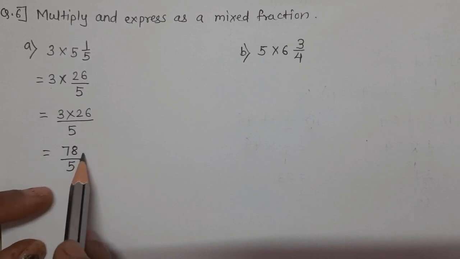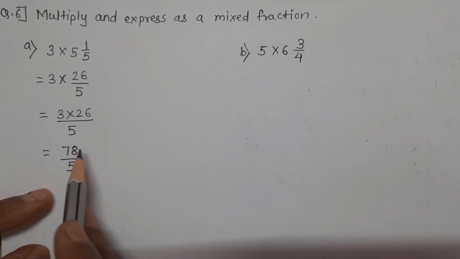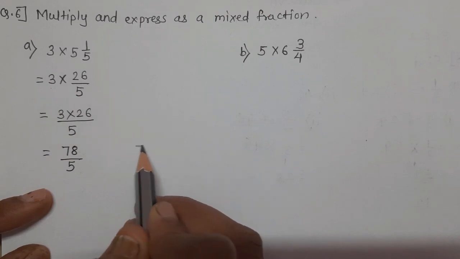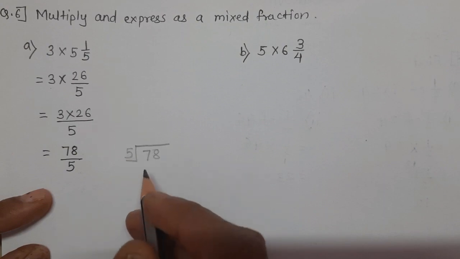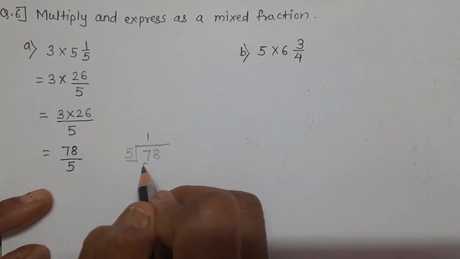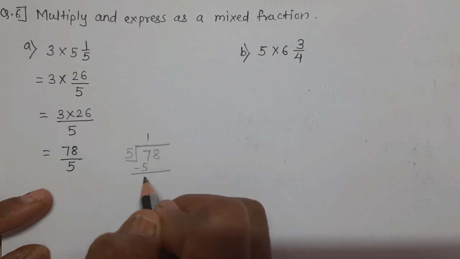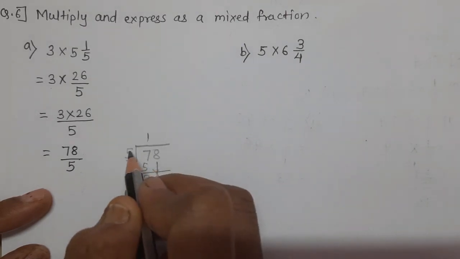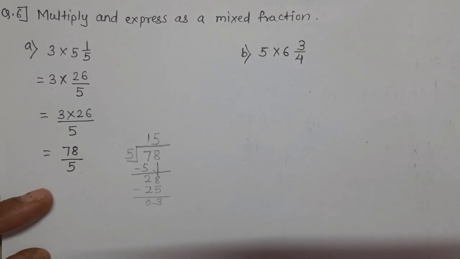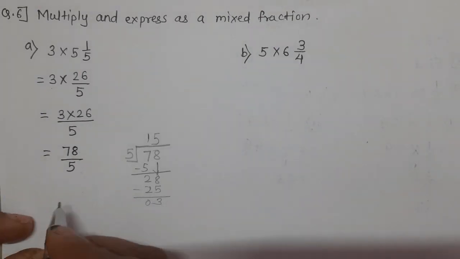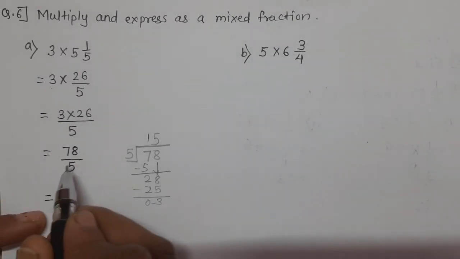Now let's convert this 78 upon 5 into the mixed fraction. So for that what we will do? See, we have to divide 78 by 5. Okay, 78 divided by 5. 5 ones are 5, 7 minus 5, 2, 8 will come down, 5 5s are 25, okay, so remainder is 3, okay, so how to write this number as a mixed fraction?